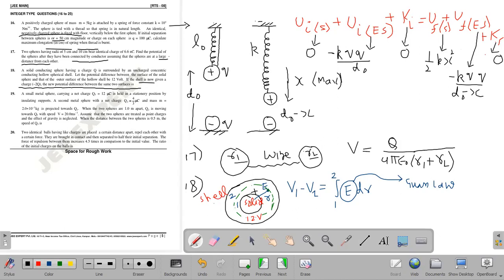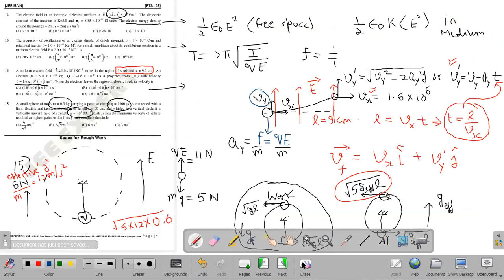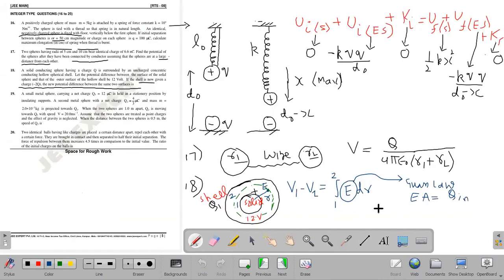Let the outer shell have a charge of q1. When you calculate the electric field between the solid surface and the metallic shell by Gauss law, the electric field times the area of the Gaussian surface equals the charge inside that Gaussian surface divided by epsilon 0.